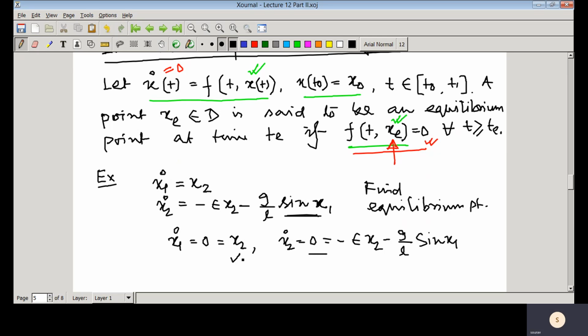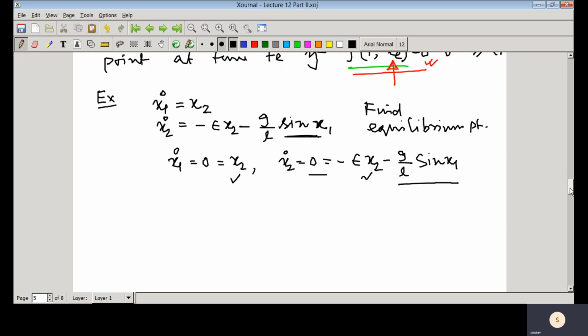Now at the equilibrium point x2 equal to 0, so the first term is equal to 0. That means sin x1 is equal to 0, so x1 is n pi, where n equals 0, plus or minus 1, plus or minus 2.